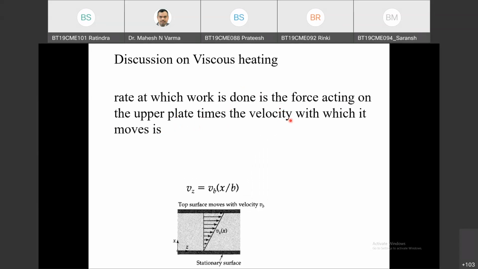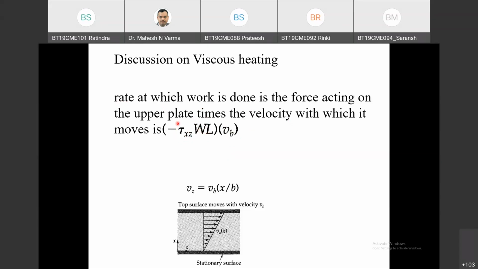That is what I was asking, whether it was clear. Force multiplied by the velocity with which it moves, where the force is shear stress multiplied by area, will be the rate at which work is done because of molecular transport.